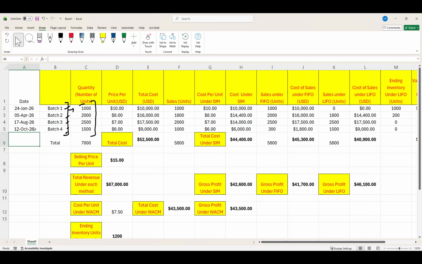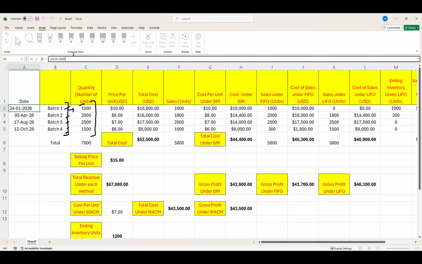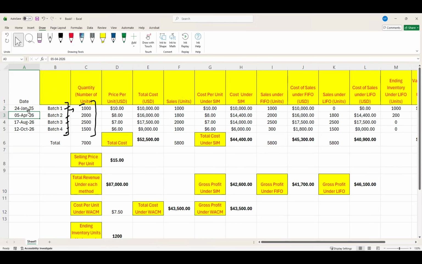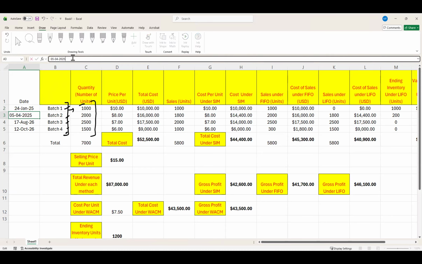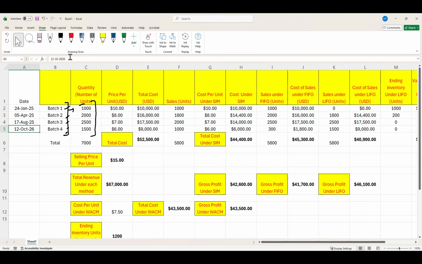Okay, like this. But the sales can happen in between, right? Maybe between 24 January and 5th April, the first sale will happen. And in fact, instead of 26, let me just write 25. Okay, it's from last year, let's say. Because we know the date of sales also. So let's assume that the sales are happening in between. Okay.